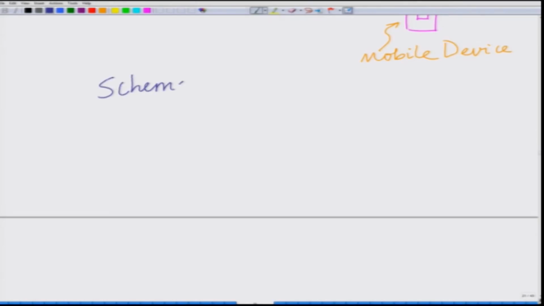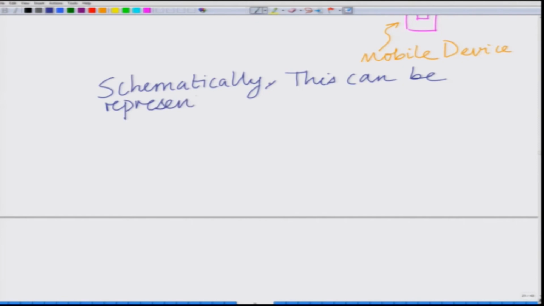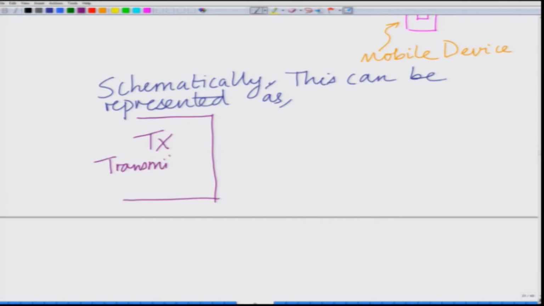Schematically, let me draw a schematic diagram. Let us say you have a transmitter, this is your Tx, and you have your Rx, that is the receiver.